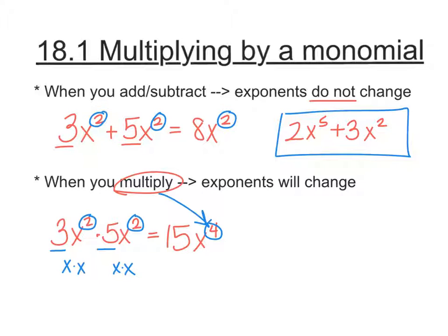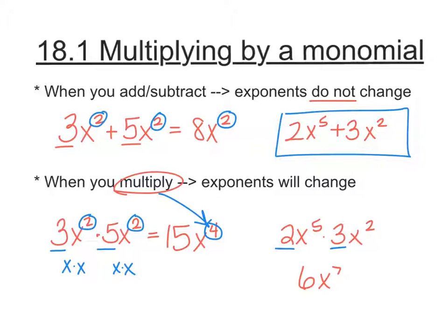Also, when you multiply, they do not have to have the same base. So here I could multiply 2x to the fifth times 3x squared, and I would get 2 times 3 would give me 6, and this would be x to the fifth, which is 5 x's, plus 2 more is x to the seventh, right?